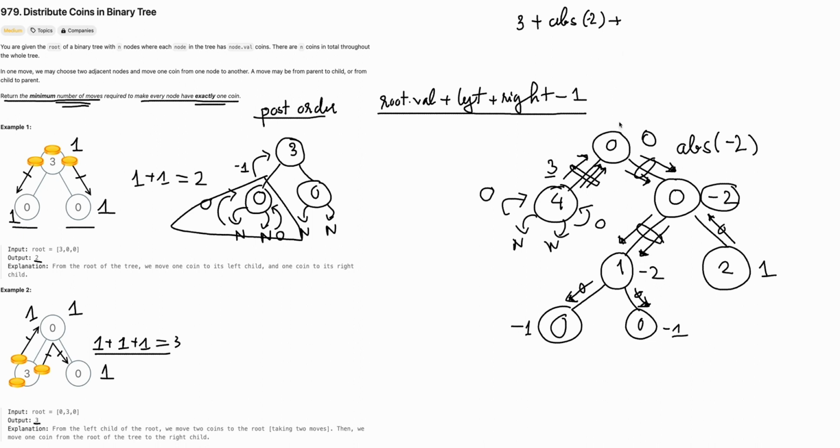And in here, we also have absolute value -2. In here we have 1, right? In here we have absolute of -1, and also... okay, so this one is like 3 plus 2 plus 2 plus 1 plus 1 and plus 1.